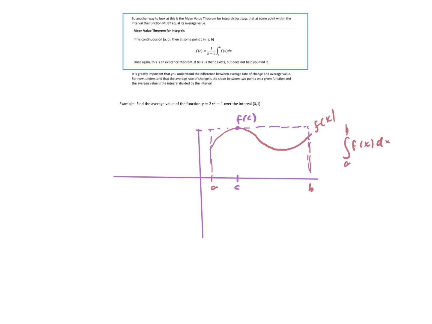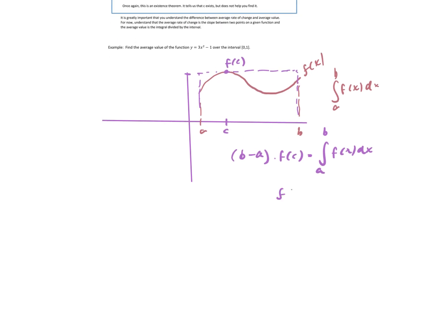So we'd have b minus a, that's your base, times the height, which would be f of c. That's equal to the area of the rectangle, which is also the same as the area underneath the curve. So it's equal to the integral from a to b of f of x dx. So if we want to solve for f of c, if I bring this to the other side, we get 1 over b minus a, the integral of a to b, f of x dx.